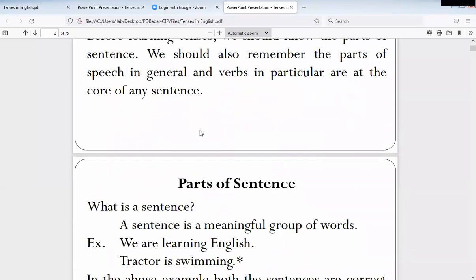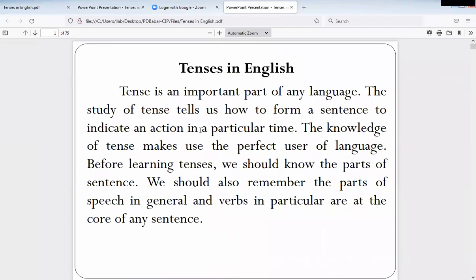In the last lecture, we were discussing the tenses in English and why they are important. So tenses are important to construct a sentence.